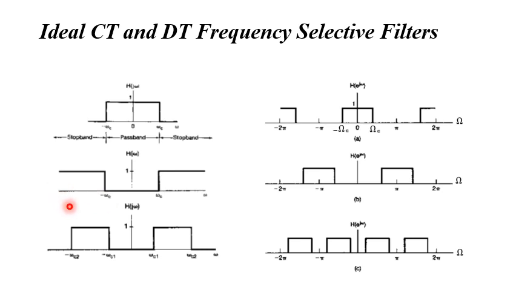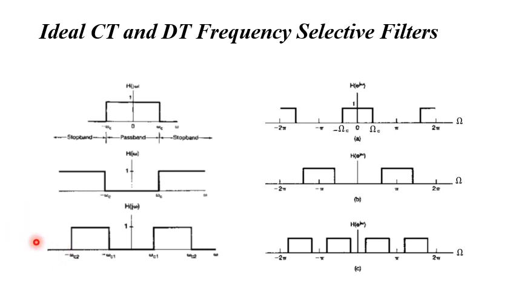Similarly, in the case of the band pass filter, this is the figure showing the band pass filter. For the band pass filter we have two cutoff frequencies, one low cutoff frequency and one high cutoff frequency. The frequencies between omega c1 and omega c2 are passed, and the frequencies between minus omega c1 and minus omega c2 are passed, whereas those frequencies that are lower than minus omega c2, on this side, are stopped.